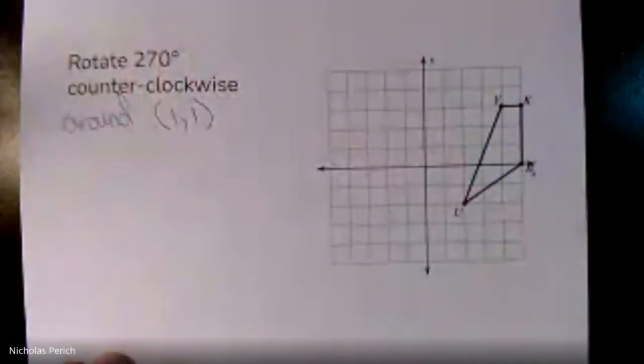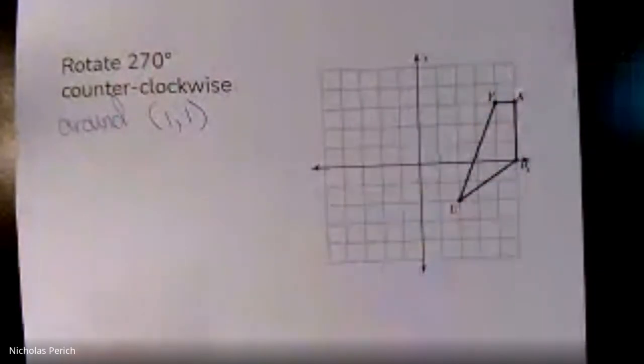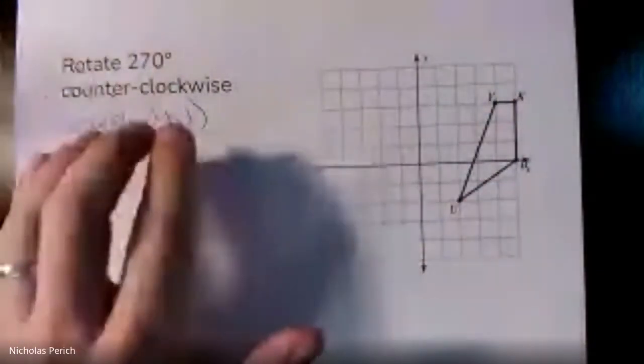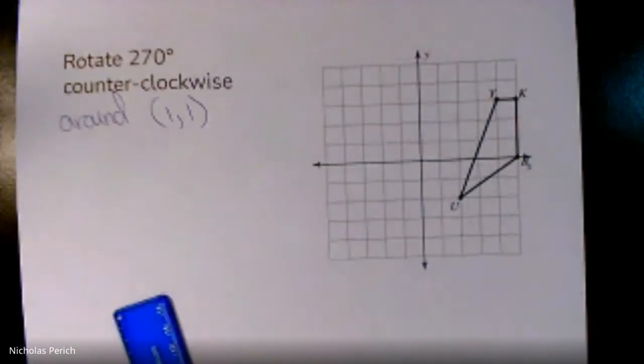I'm adding an extra element. We know how to rotate, we know how to spin it upside down, but this is the way it was given to you as an 8th grade problem. Now it's a geometry 10th grade problem, which is the class that you guys are in. So I care about rotating around 1, 1.